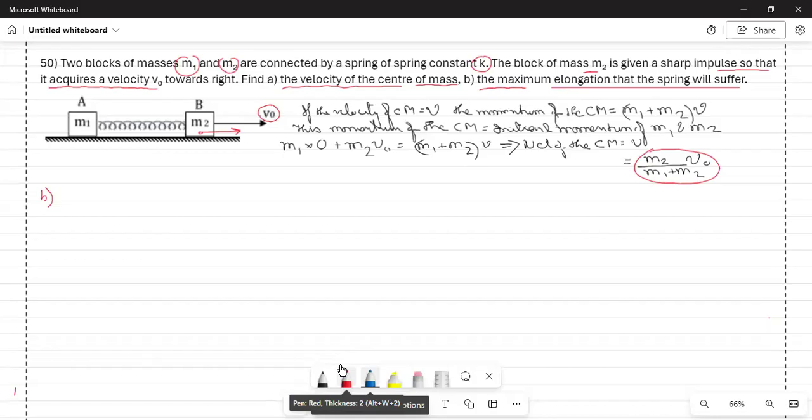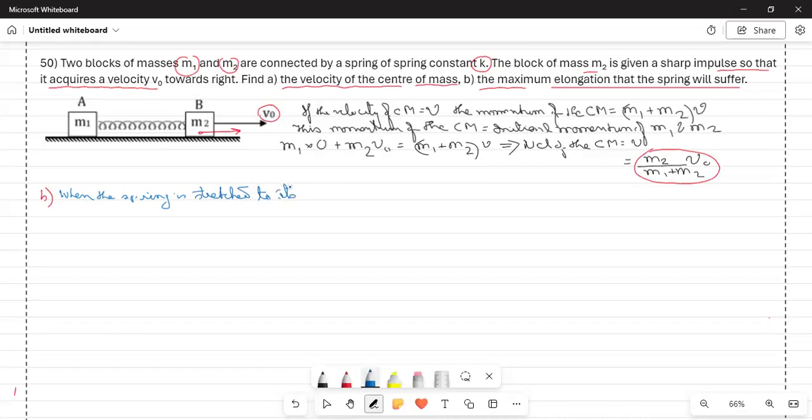And obviously, this is very important, when the spring is stretched to its maximum limit, then the spring appears to be a solid string.